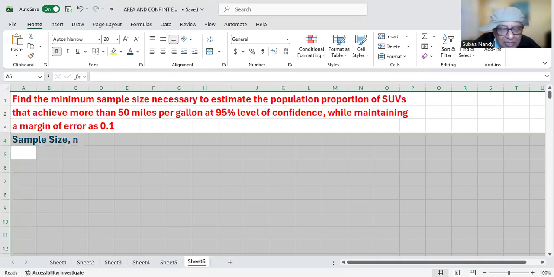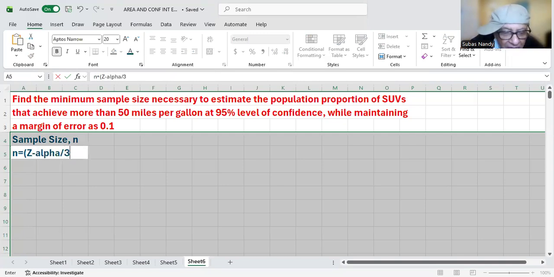n is equal to, in parentheses, z alpha by 2, times... no, we don't do that.